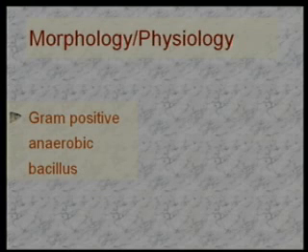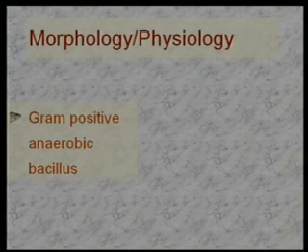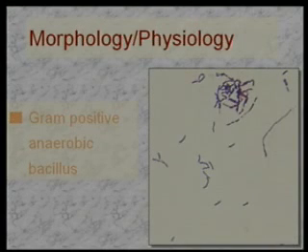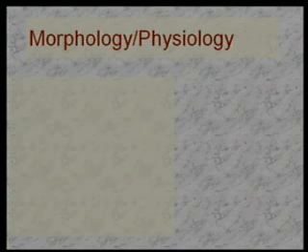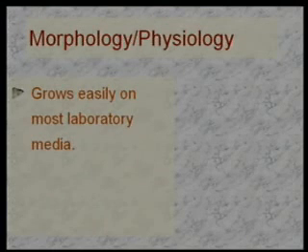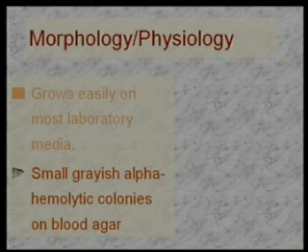It's a gram-positive, non-spore-forming bacillus. Okay, that's another characteristic feature. Nothing unusual. The organism grows easily on most laboratory media. Nothing special about it. It gives small grayish alpha hemolytic colonies.